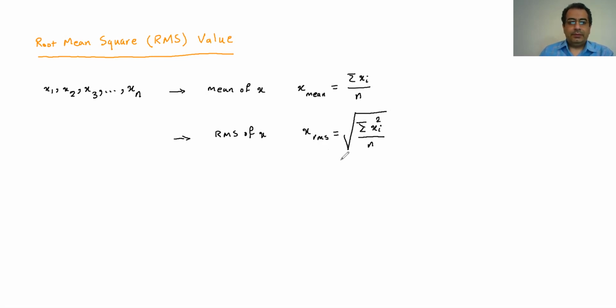Basically we square everything, get the mean of the squares, then take the root of that value. I will tell you a little later why we do that. This is the first case, where we know the numbers.